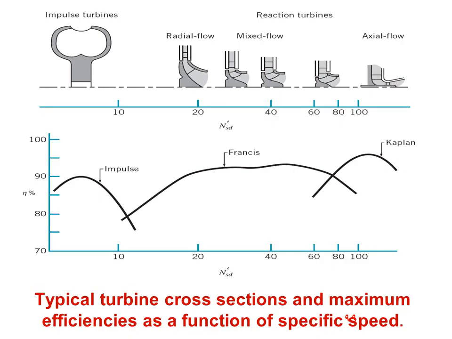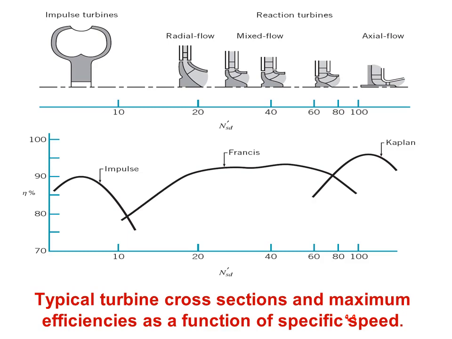As we see from this sketch, we have here efficiency against specific speed for different shapes of turbines. The first turbine is a Pelton wheel. Its specific speed is about 5 units, with efficiency about 90%. When you increase the specific speed, which means decreasing the applied head, efficiency drops.